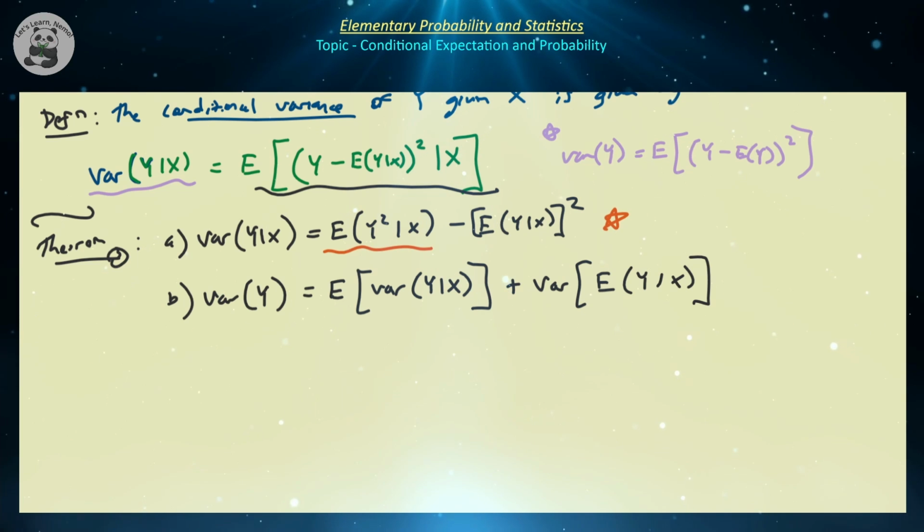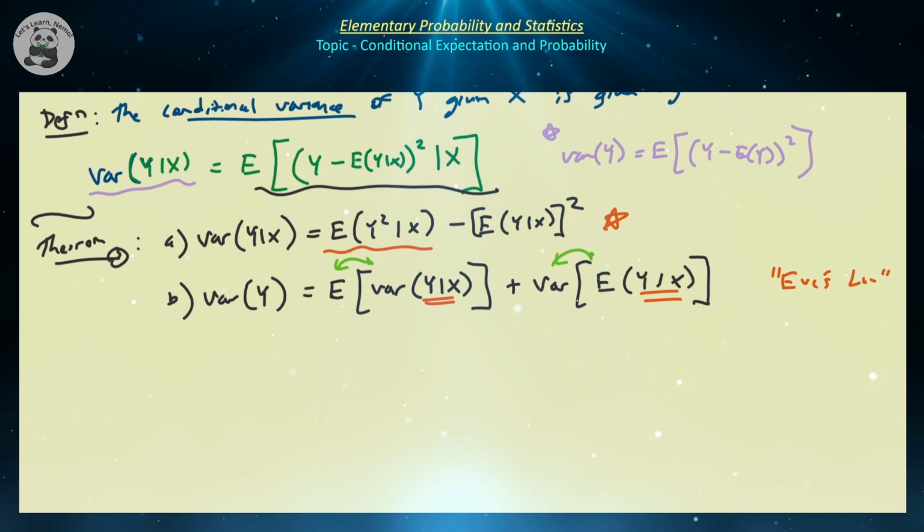Notice that I've switched the order of expected value and variance in each of these terms, but the independent variable is still the same. So this is actually quite interesting. Some people will refer to this as Eve's law. And this has a lot of applications in the realm of statistical testing across multiple groups.